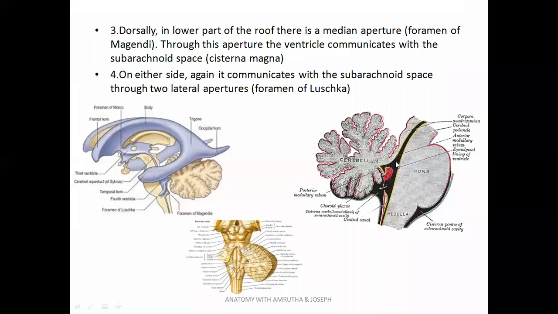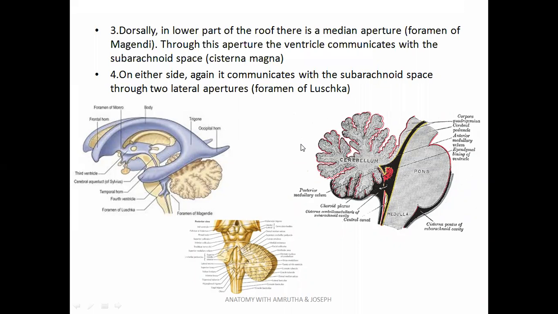Now we know that the brain and the central nervous system are covered by meninges. There are three meninges: dura mater, arachnoid mater, and the pia mater, from outside to inside. Dura, arachnoid, pia. And we know that there is something called the subarachnoid space. Now, what is the subarachnoid space? It is a space lying deep to the arachnoid mater.